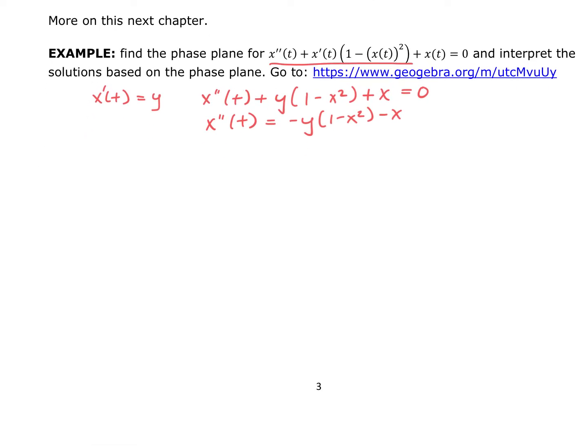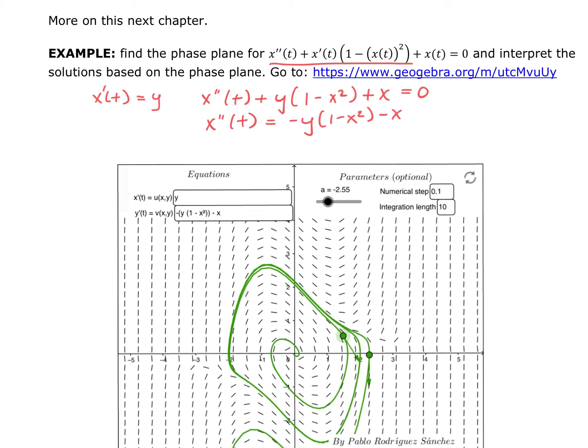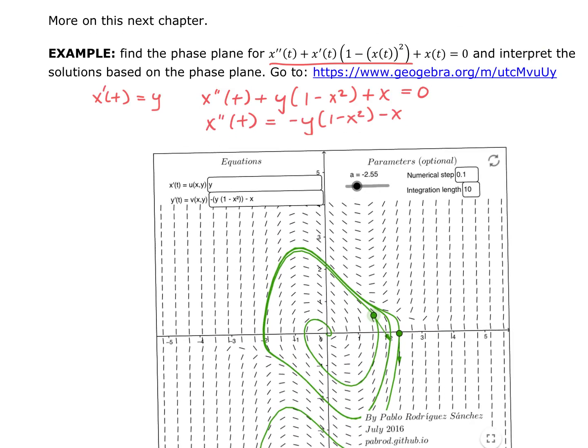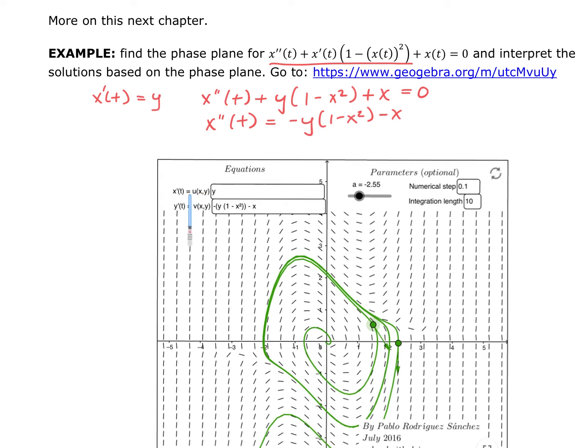Now I want to show you what this looks like, so I'm just going to go grab that. And here's what the graph looks like. Notice what I put in for x prime of t, I chose y, and y prime of t, solving for x double prime of t, would be this.